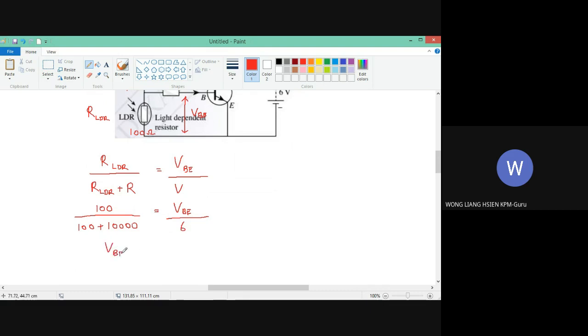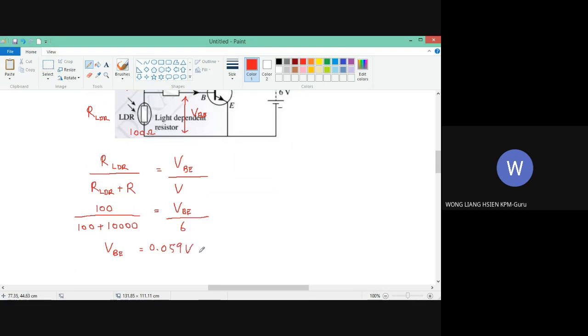So the voltage of base emitter is equal to about 0.059 volt.